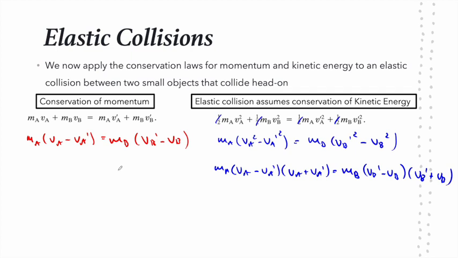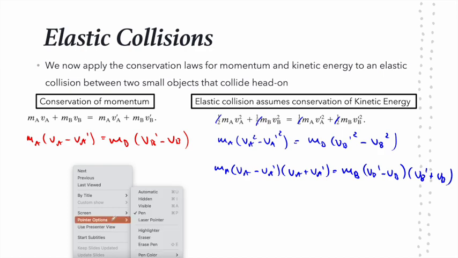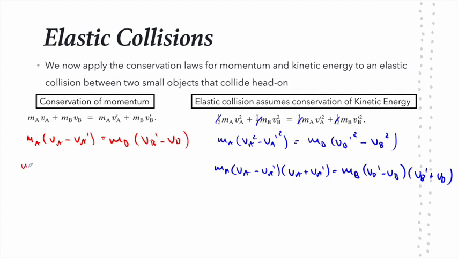Now we're going to see if we can simplify this a little bit. So for example, I can say here that mA is equal to mB times (vB prime minus vB) divided by (vA minus vA prime), and take this value and substitute it into that equation there.